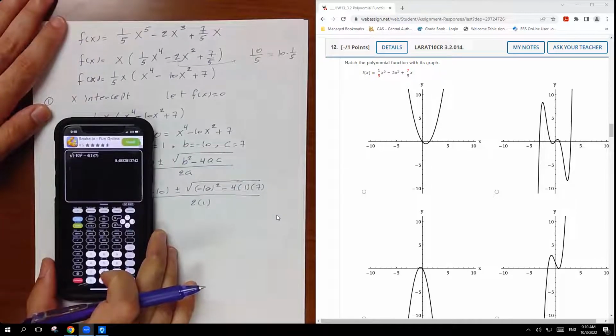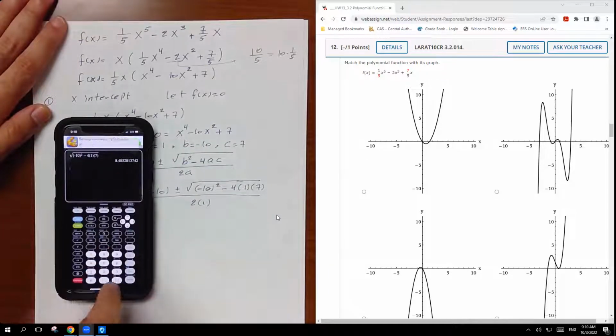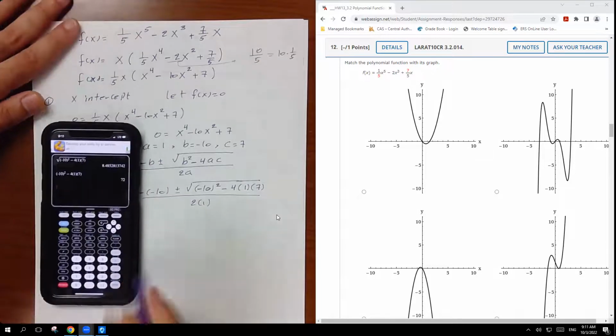Let's do it without the parentheses because I need a number. Negative 10 squared minus 4 times 1 times 7. Okay, 72. I'm going to keep 72 under the root.